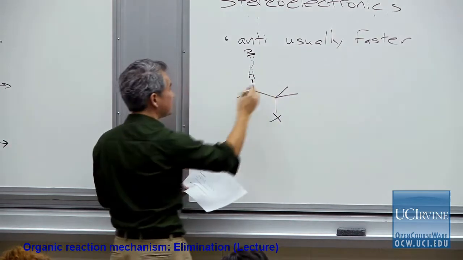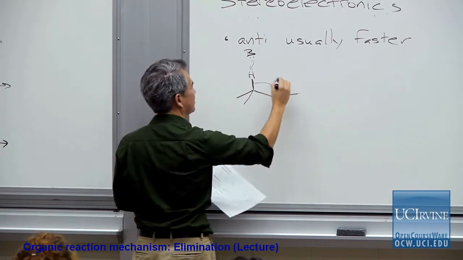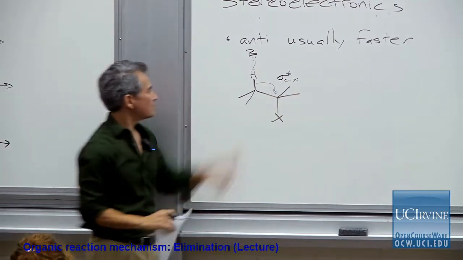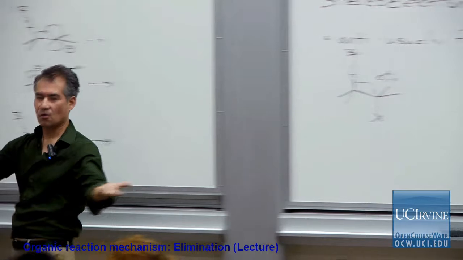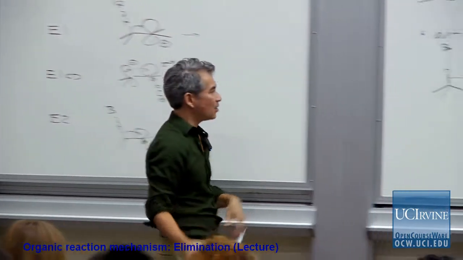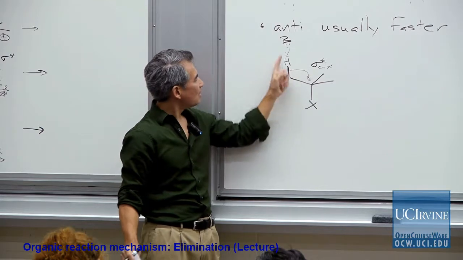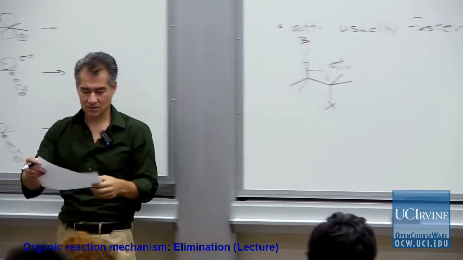And when I have it like this, there's an antibonding orbital here, and I'll just label it. So we're donating into sigma star for this carbon-X bond. The orbital lobe is very big back there, so it's very easy to overlap with that. And so the electrons in this bond are weakened when the base attacks, and that makes it easy to push that out.